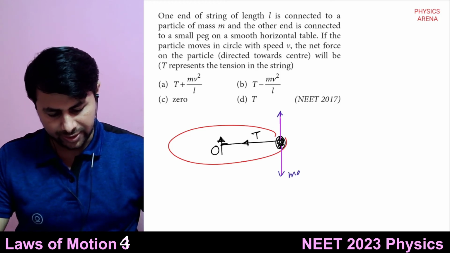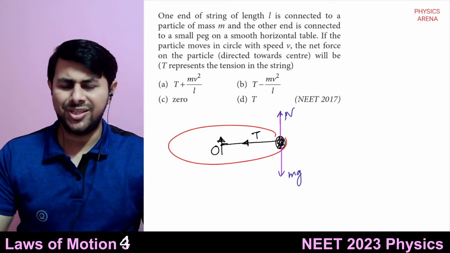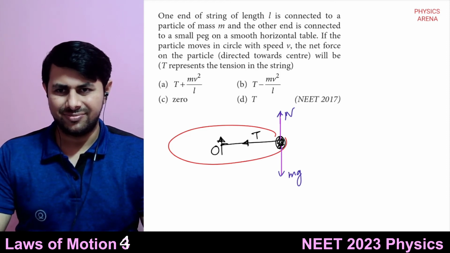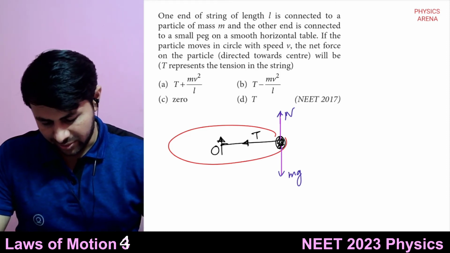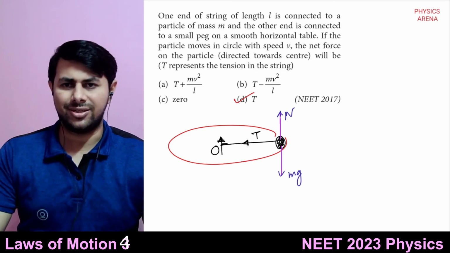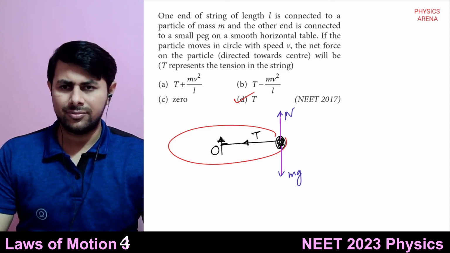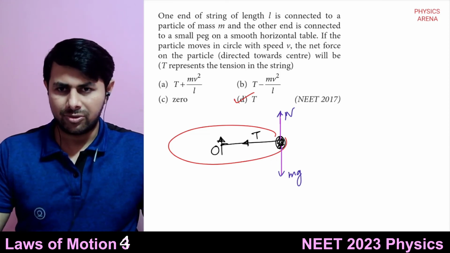They get cancelled out. What's the net force? It's tension only. Nothing else is there. What is the answer? Tension in the string only. You got this? This is clear, everybody?